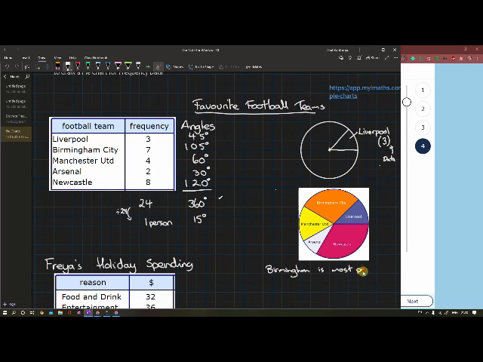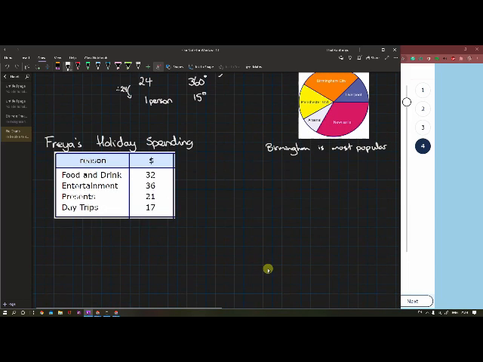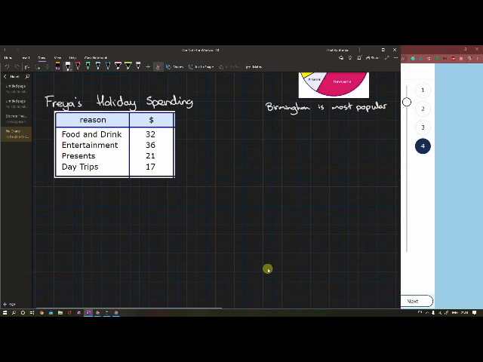And you can even go a little bit further and say closely followed by Newcastle. You can say that from the data as well, but whenever you draw a diagram, you should properly give a comment as to what it is telling you. Not just draw a diagram and leave it. If you were doing it properly, you would always give a comment and a reason.